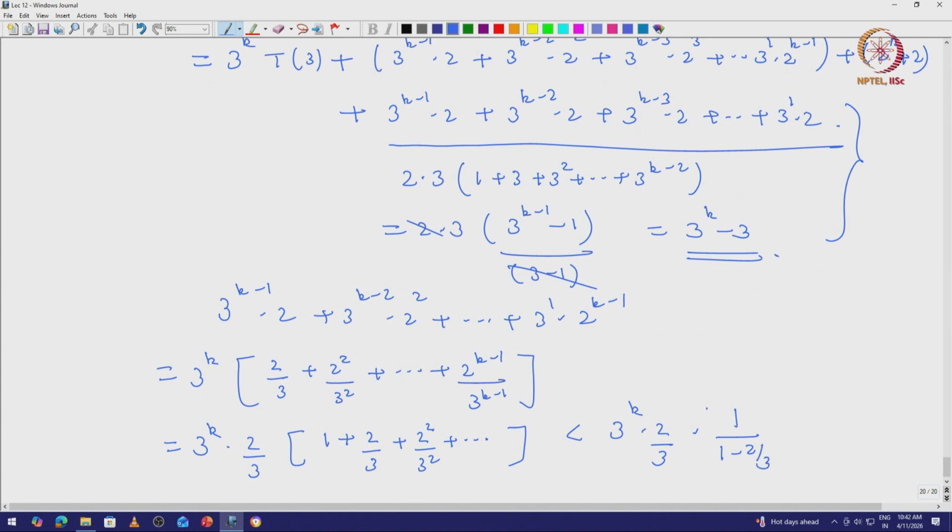This is the sum of the infinite series. This is only finite, but even if you take the infinite series, this is the value you get, and this is 1 over 1/3. Therefore, the 3 goes to the top, cancels with the 3 in the denominator. Therefore, this will be 2 times 3^k.